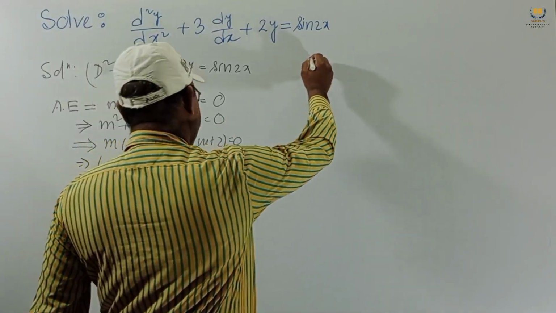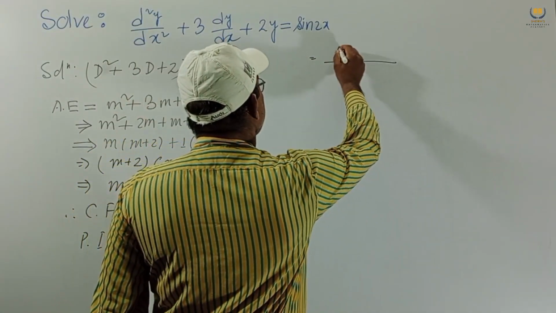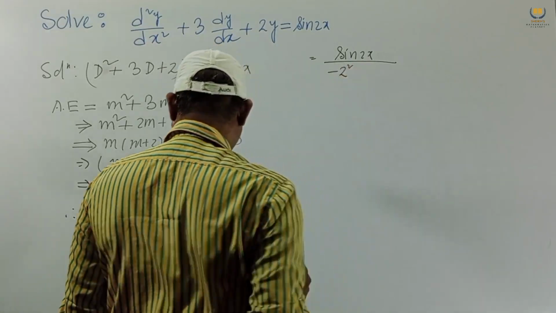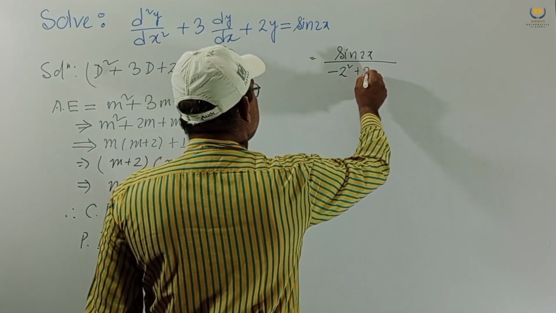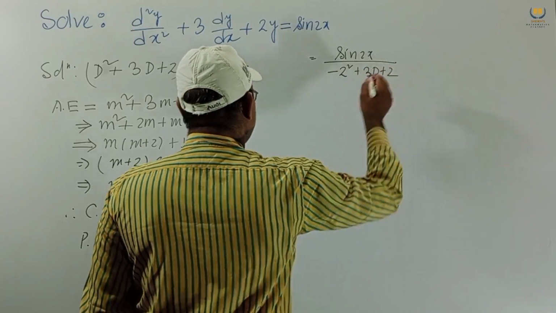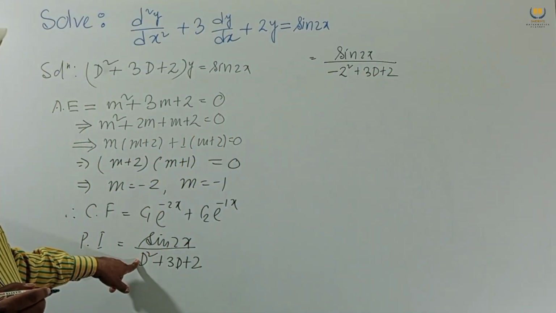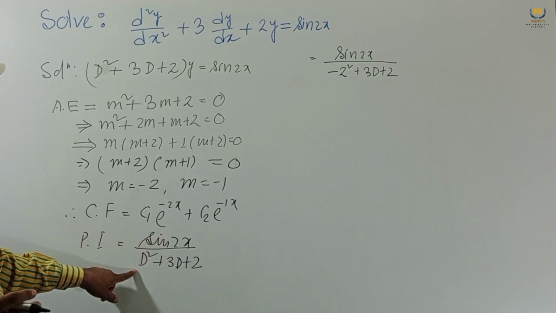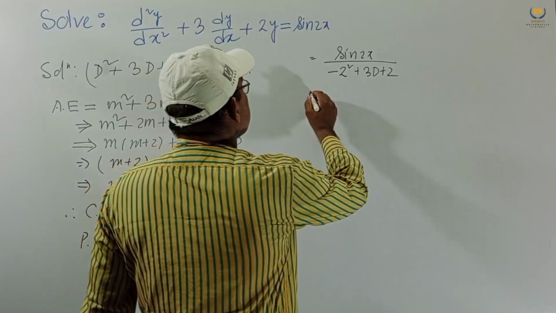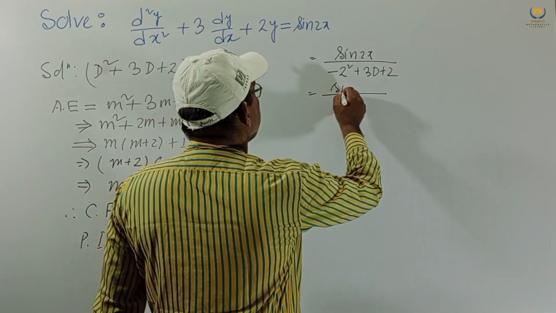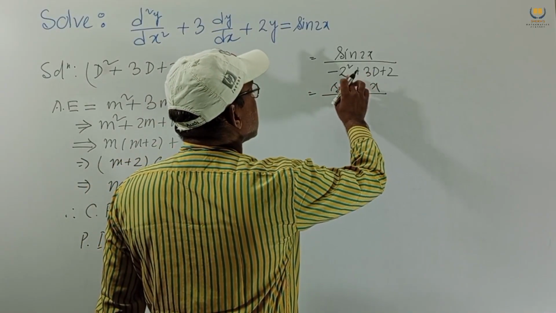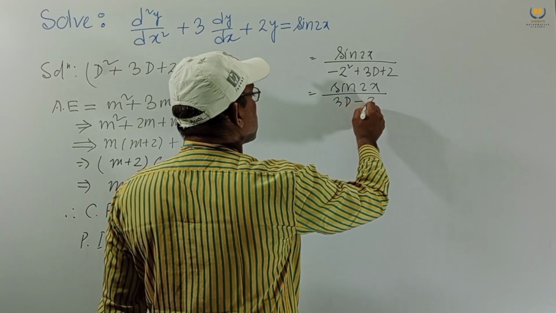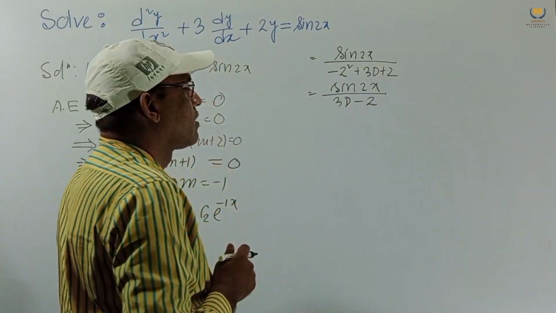So this will be sin 2x by minus 2 square plus 3D plus 2, where 2 is the coefficient of x. This is minus 4, so 3D minus 4 plus 2, that is 3D minus 2.